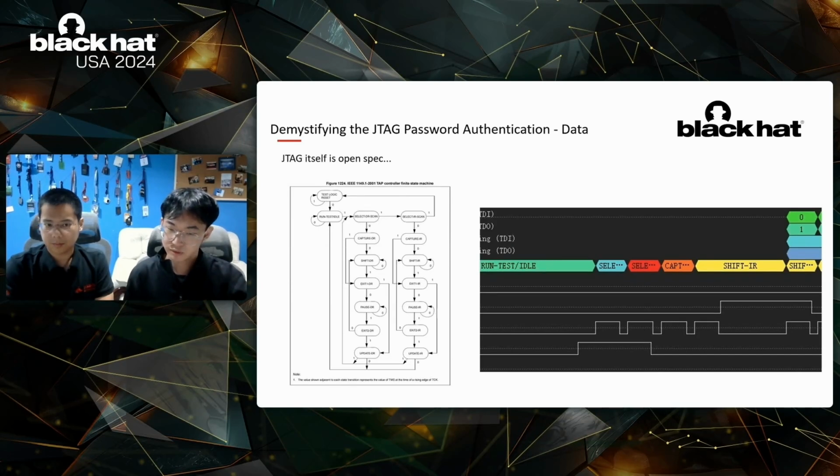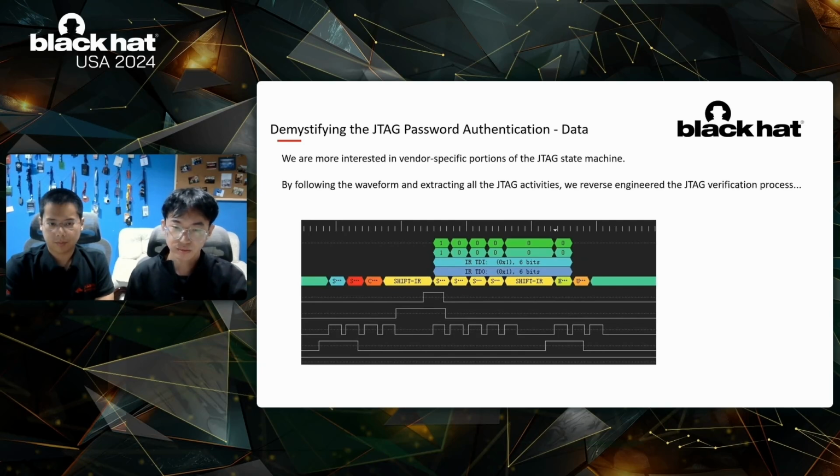The UI of the logic analyzer helps us rebuild the JTAG states at different times, allowing us to compare them with the JTAG state machine to understand when the chip is receiving instructions and when it's exchanging data.